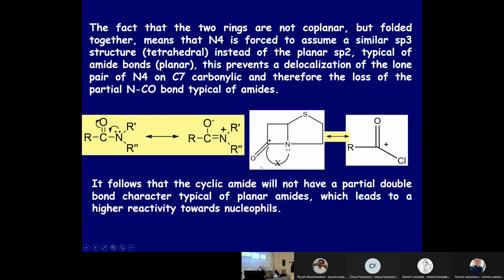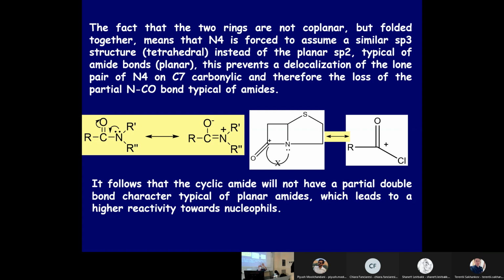But why, in the beta-lactam ring, is the delocalization of the lone pair not possible? Once again, we have to observe the three-dimensional structure of the aminopenicillinic ring system.